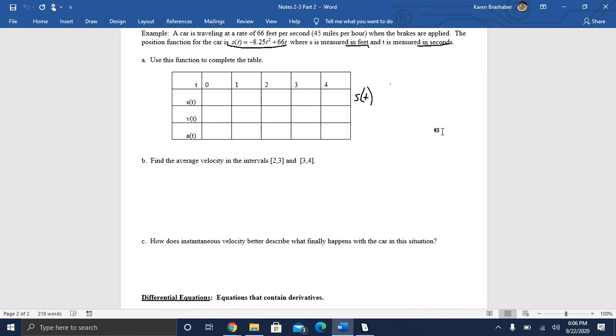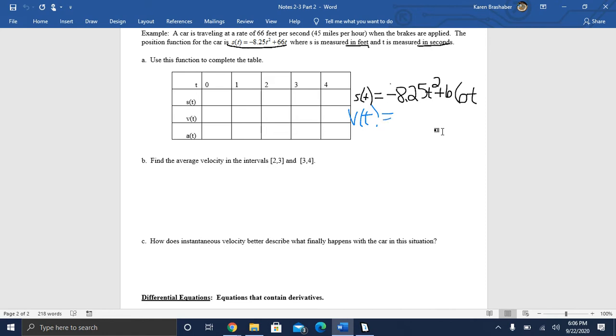So S of t was given. Again, that was negative 8.25 t to the second power plus 66t. And then you're going to have a row for velocity. So velocity, v of t, which is the derivative of the position function.